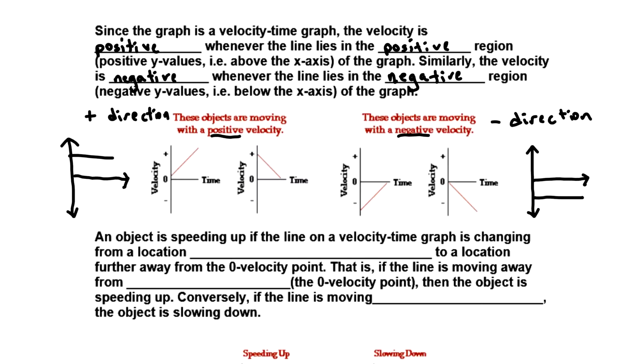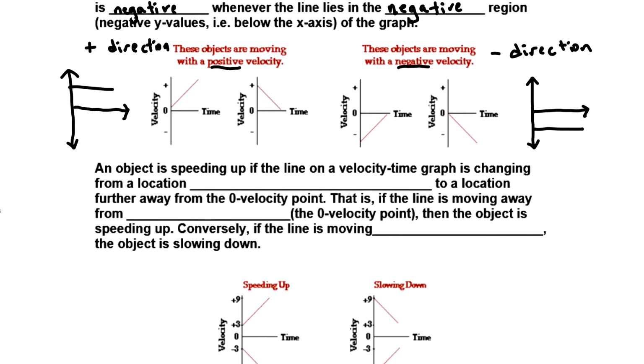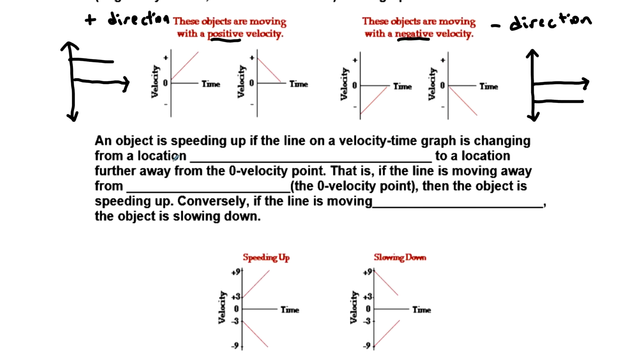Okay, so let's finally look at the difference between speeding up and slowing down on a velocity time graph. If an object is speeding up, the line on the velocity time graph is changing from a location near the zero velocity point, or the other way to think of this is the origin of the graph, to a location further away from the zero velocity point.